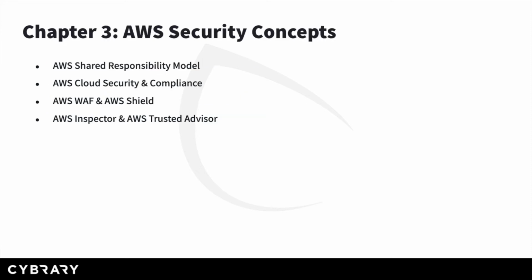In chapter 3, we're going to be talking about the AWS security concepts. Now, there isn't a whole lot to cover for this exam. However, the things I did want to cover were the shared responsibility model, which is actually not just with AWS. It can be used with other cloud platforms as well.